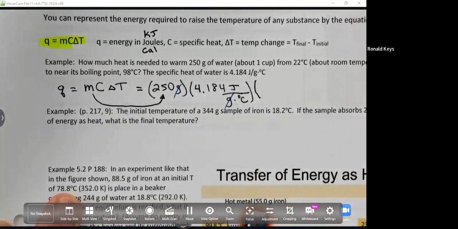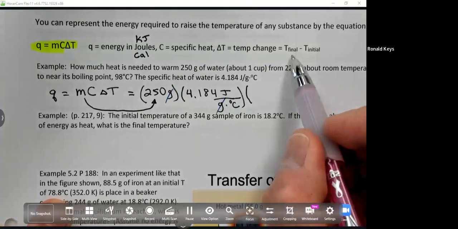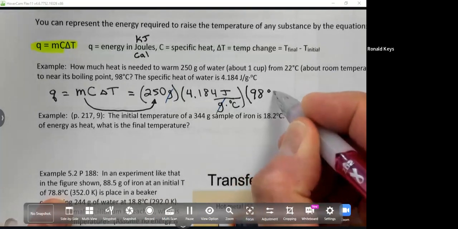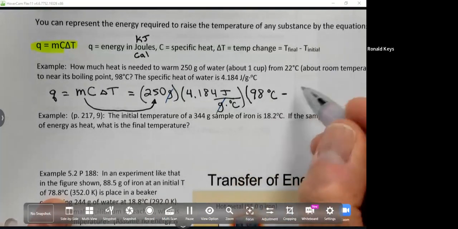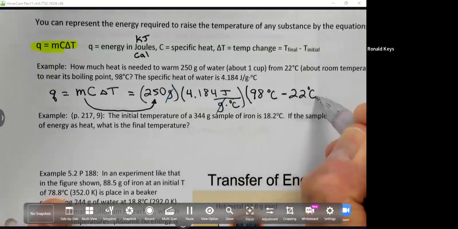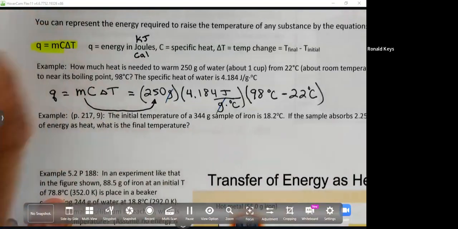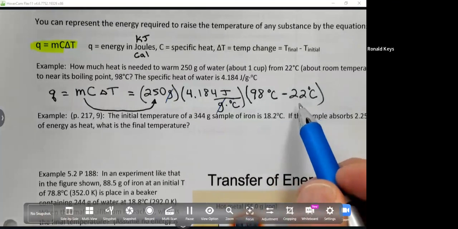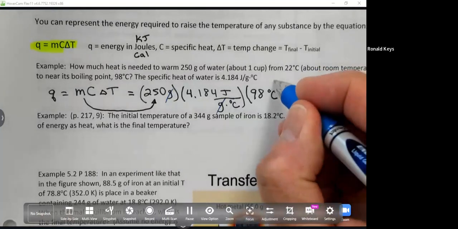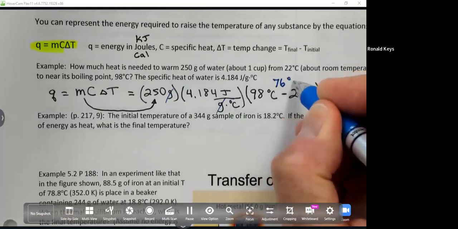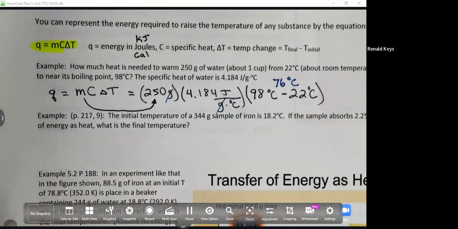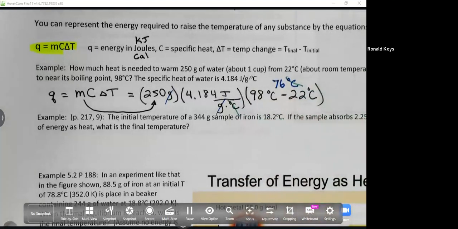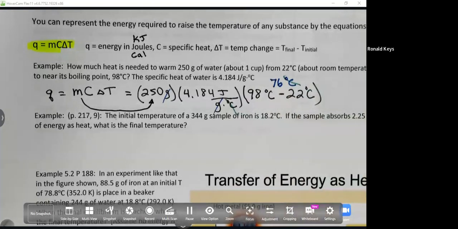That's T final minus T initial, which is 98 degrees Celsius minus 22 degrees Celsius. 98 minus 22 is 76 degrees Celsius. Then the degrees Celsius cancel out, and I know my answer is going to be in joules.